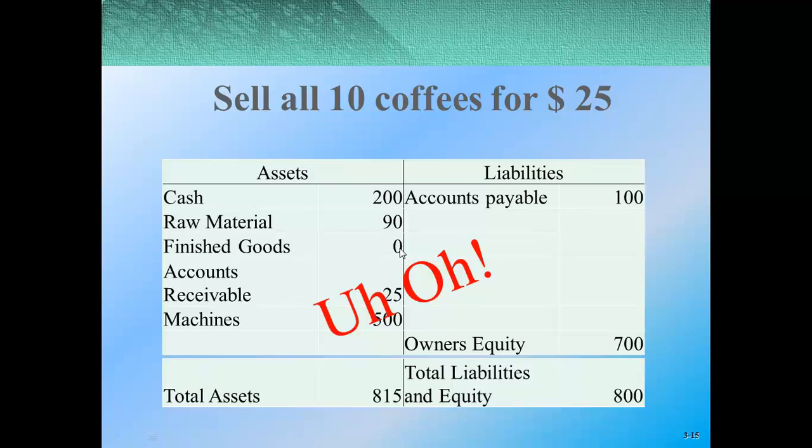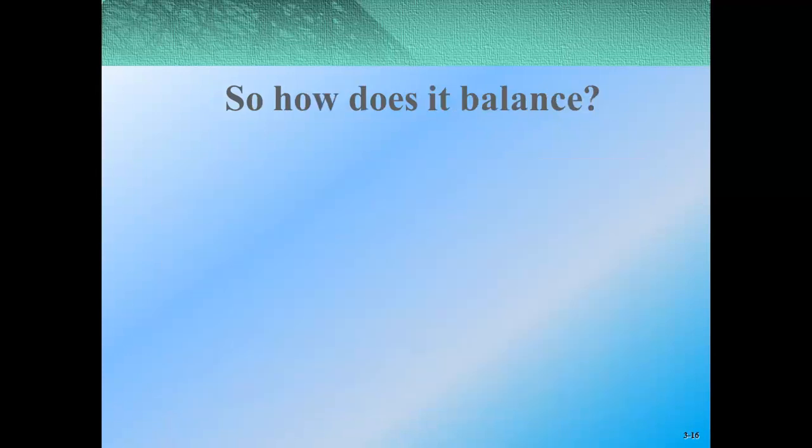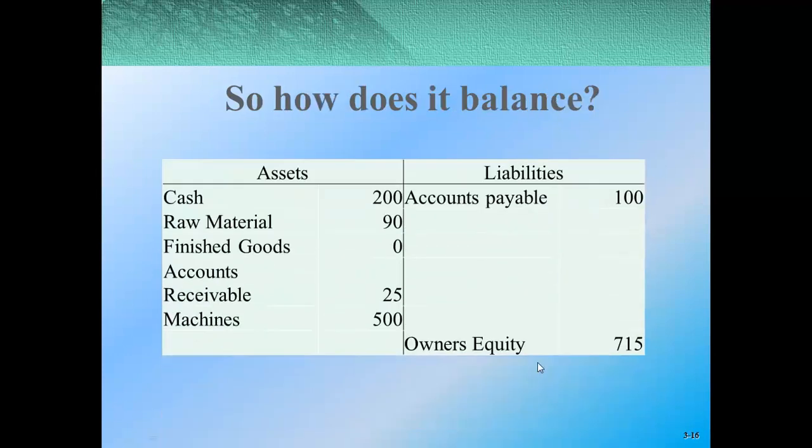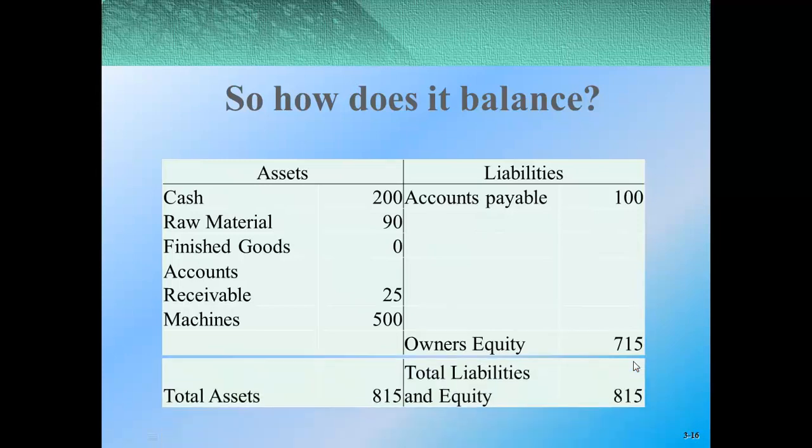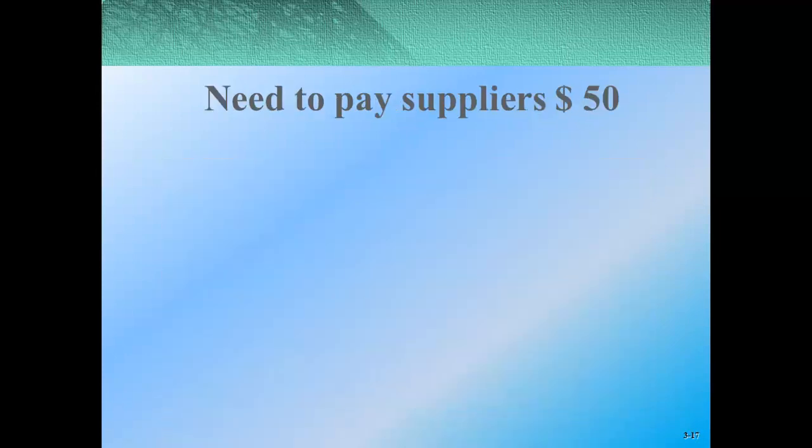Why is accounts receivable more than finished goods? Because we sold our coffees at a profit of $15 apiece. And who does the profit go to? The profit goes to the owners. So we balance it by giving owners that $15 of profit. Now let's add up. 815 on the left, 815 on the right. That's how the balance sheet is balanced.